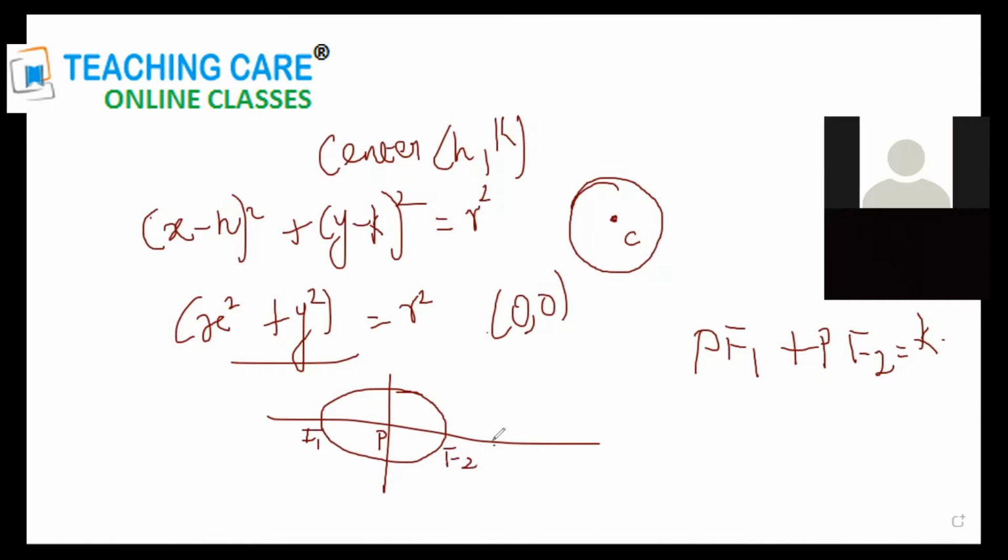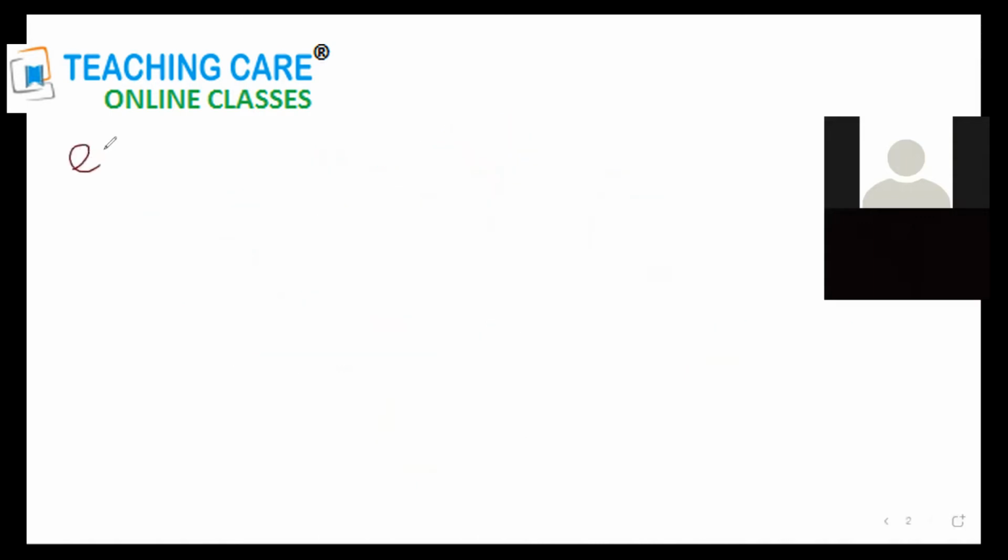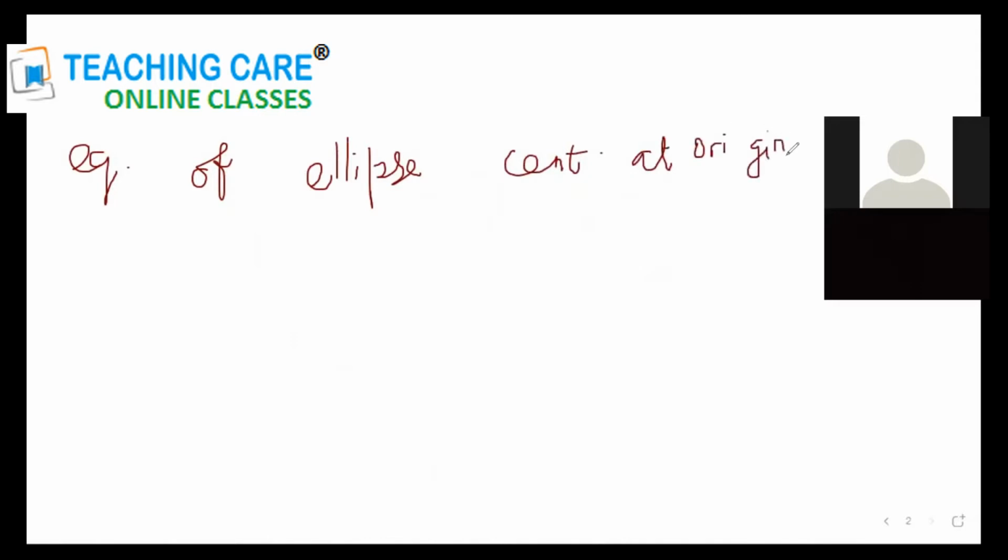The standard form of an ellipse with center at the origin, where b lies between a and 0, is x squared over a squared plus y squared over b squared equals 1.